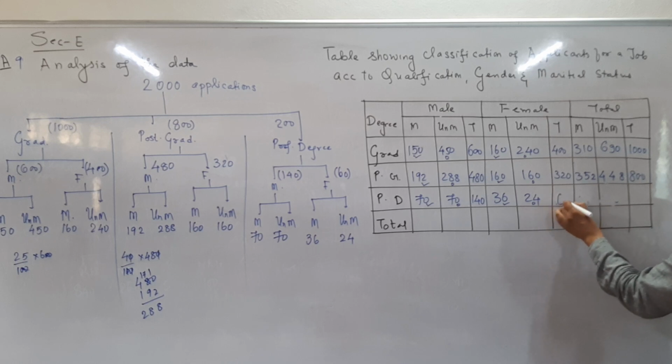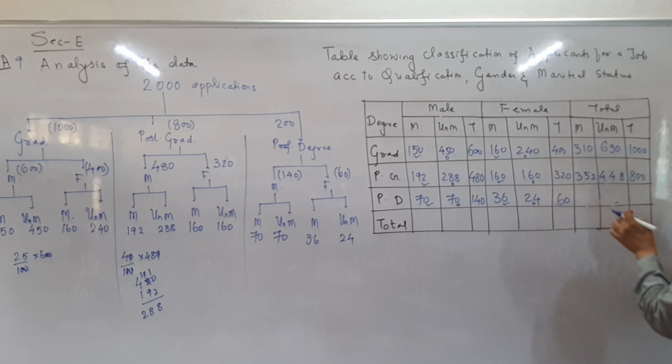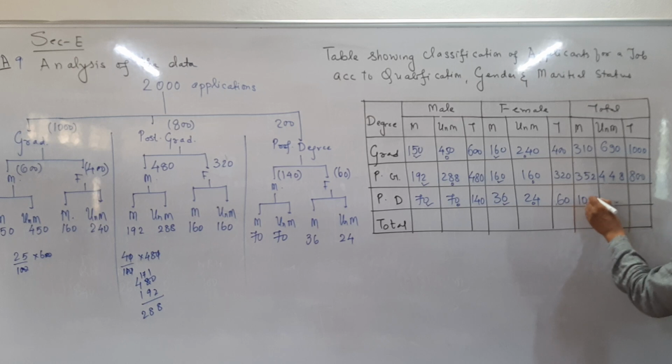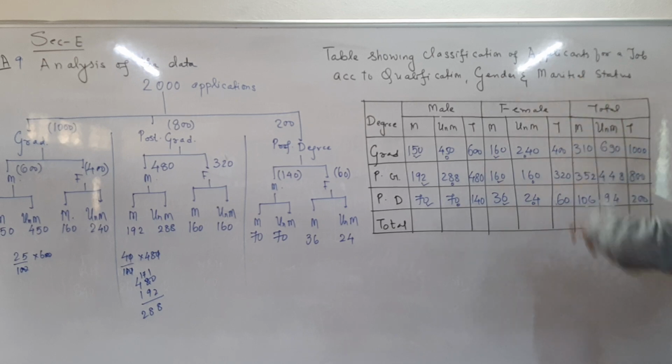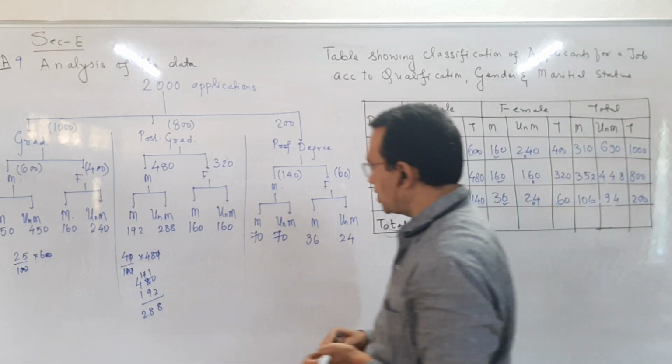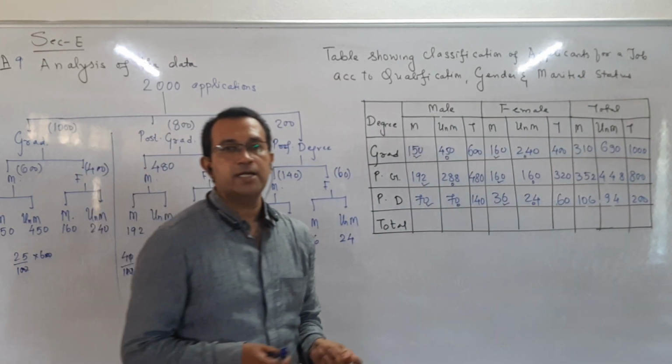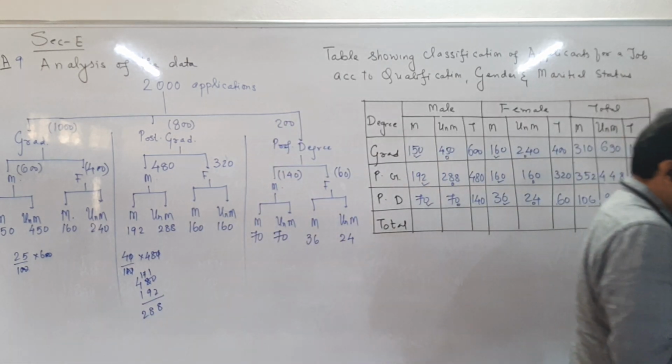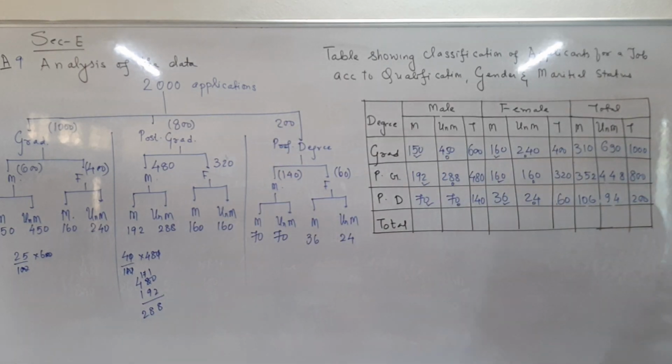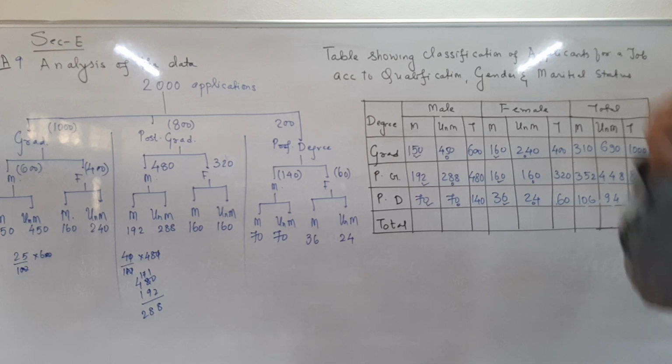Married total is 106, unmarried total is 94, so this is 200. Vertical totals, column-wise totals, students, you can do on your own with the help of a simple calculator.